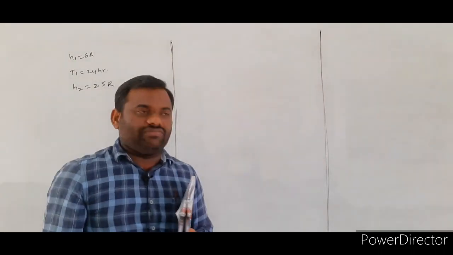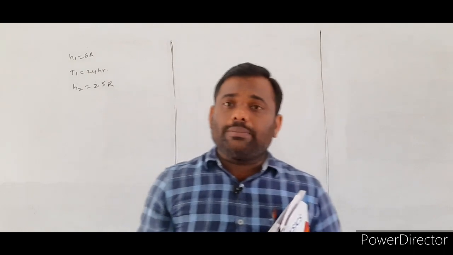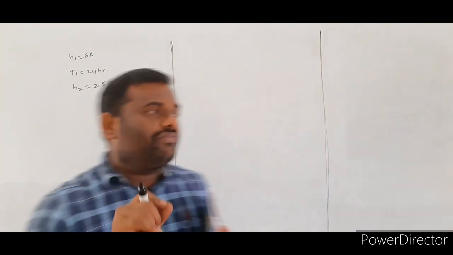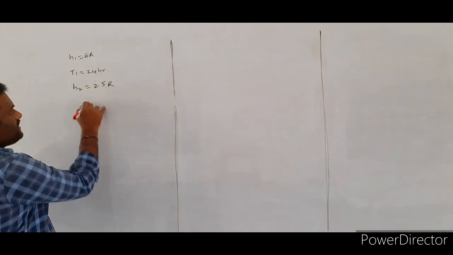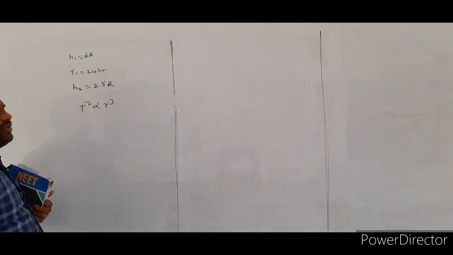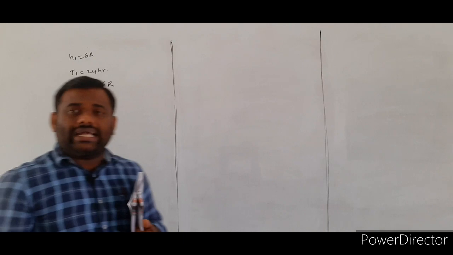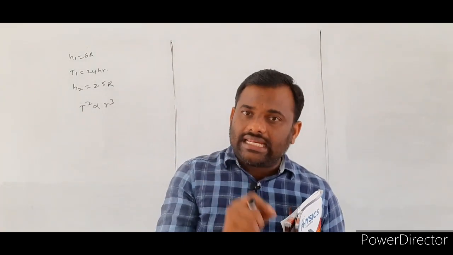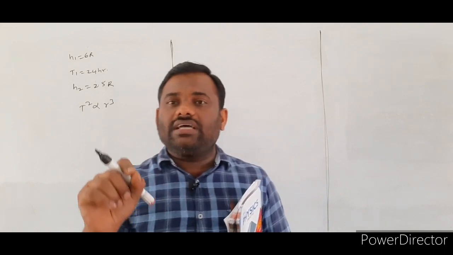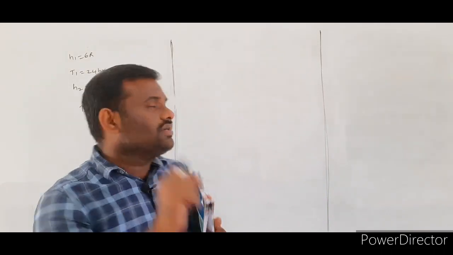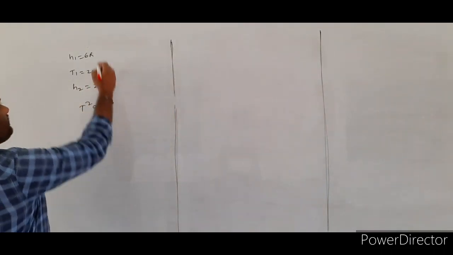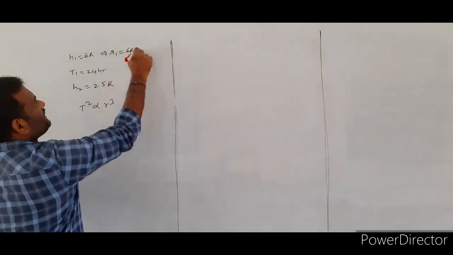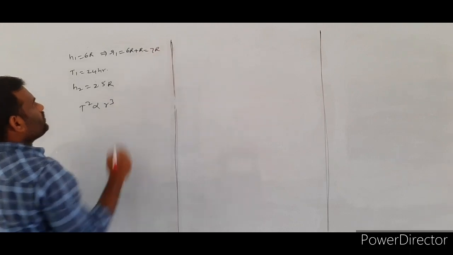According to Kepler's third law, while writing the formula for the time period, T² is directly proportional to R³. What is R? The distance of separation between the satellite and the center of the Earth. So for the first case, R1 is equal to 6r plus r, that is 7r.